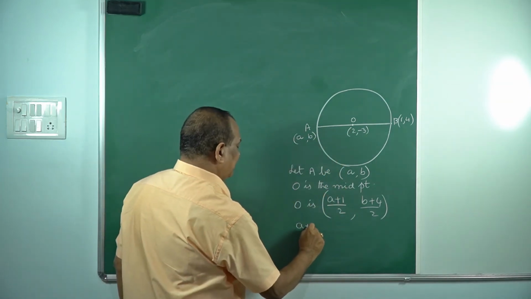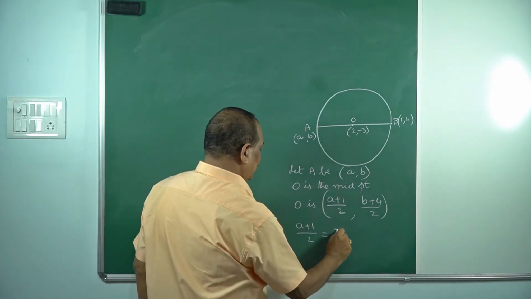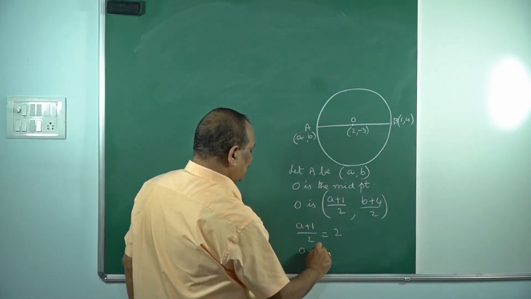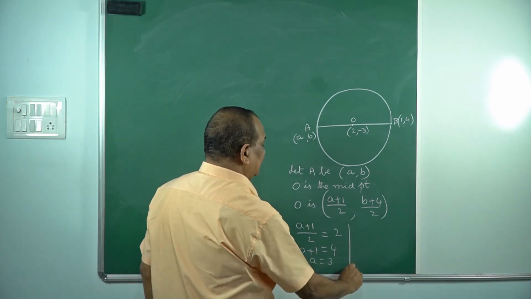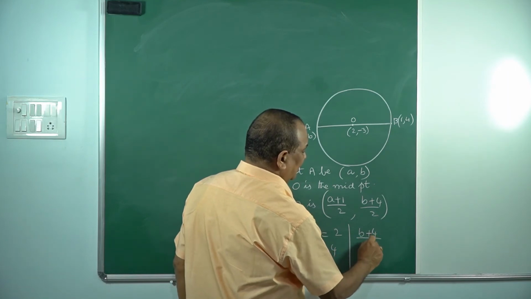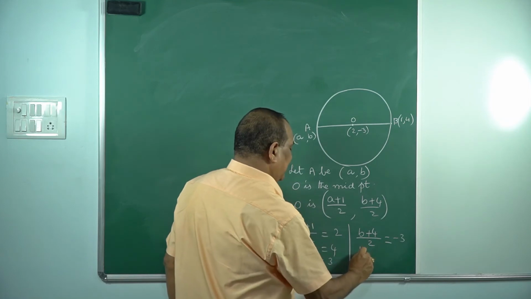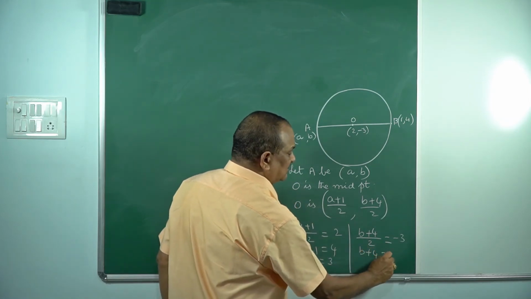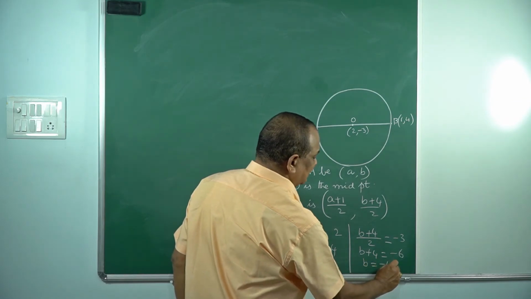A plus 1 by 2 is equal to 2. A plus 1 is 4 and A equals 3. Similarly, B plus 4 by 2, y coordinate of O you are given as -3, and B plus 4 is equal to 2 times -3 is -6, and B equals -10.